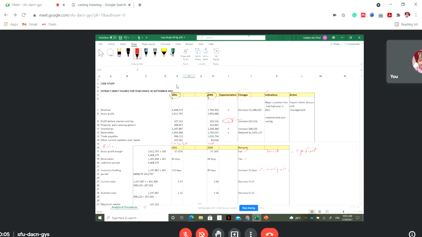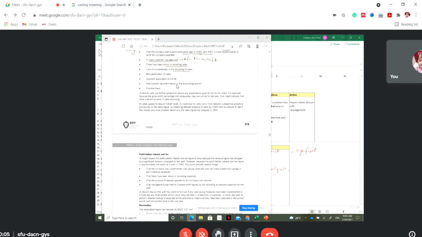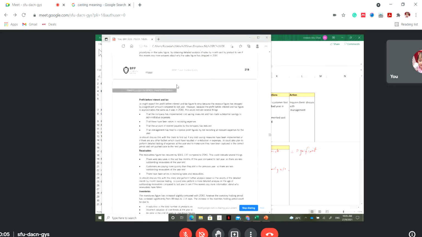So maybe because of what? So look at the findings. So profit before tax. Okay, Joe might expect the profit before interest and tax to drop, because the revenue figure has dropped by a significant amount compared to last year. However, because the profit before interest and tax figure is approximately the same as it was in 2000X0, this could indicate several things.